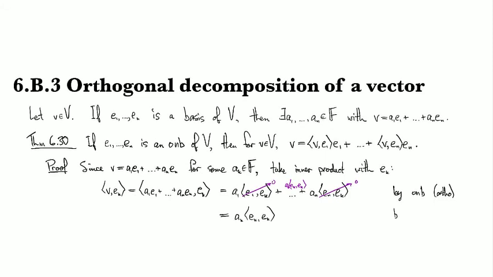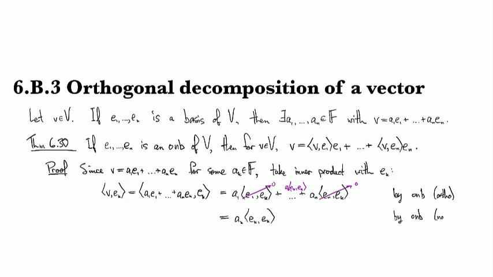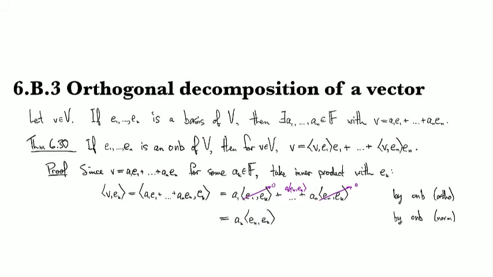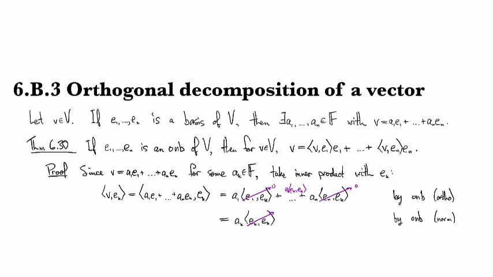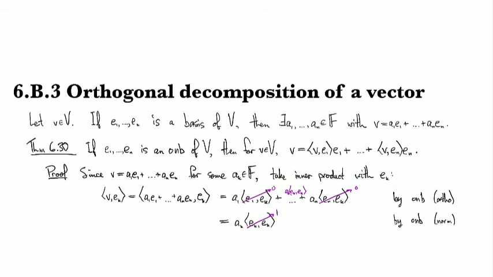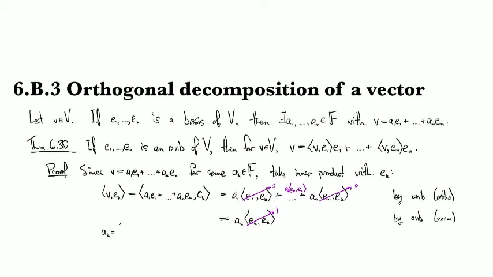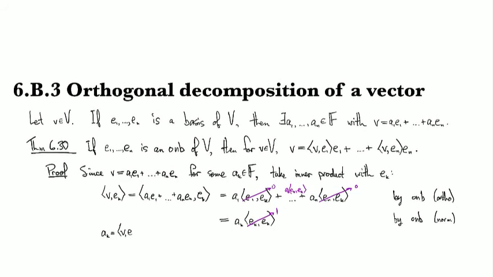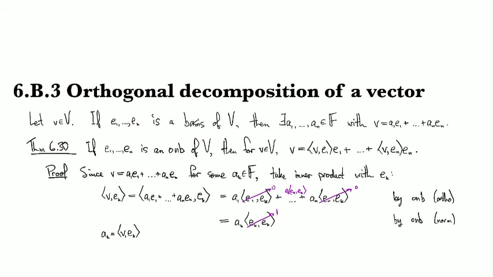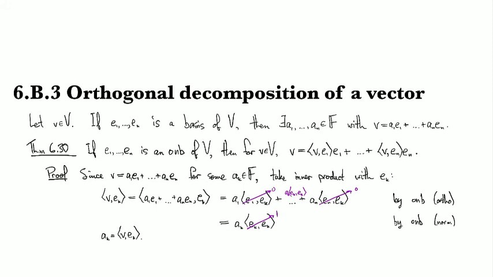And then this one, by the fact that it's an orthonormal basis, the normal part says that this one is going to be equal to 1. So that tells you then from start to finish that AK is the projection of V onto the kth element of our orthonormal basis, and that justifies the formula.